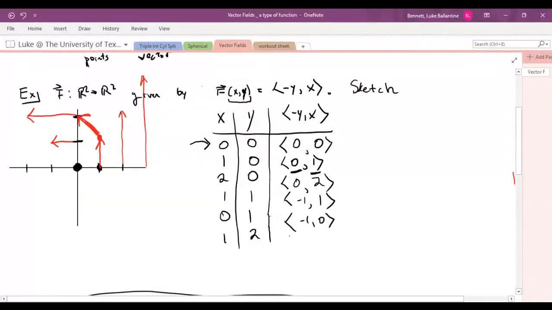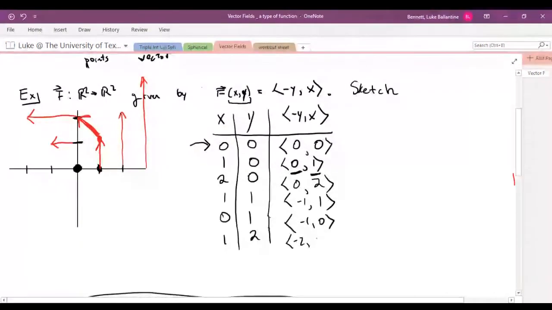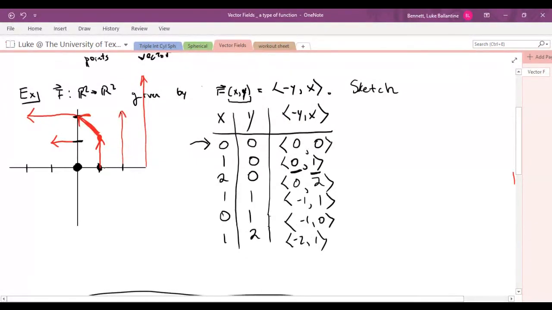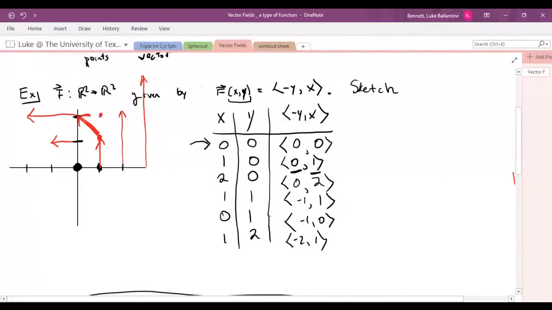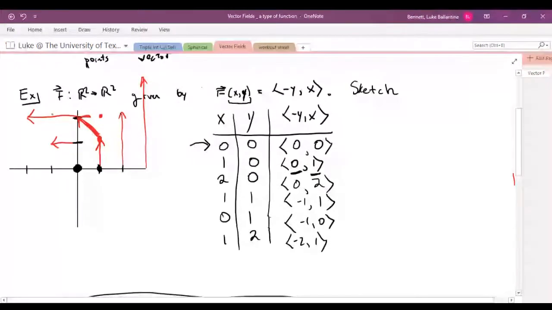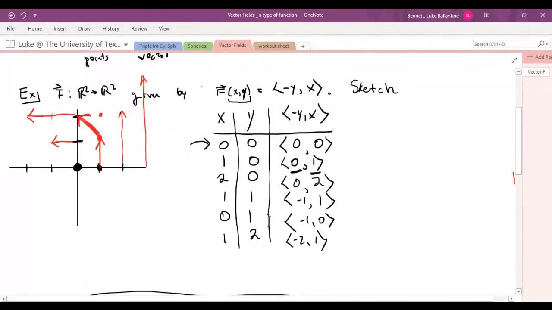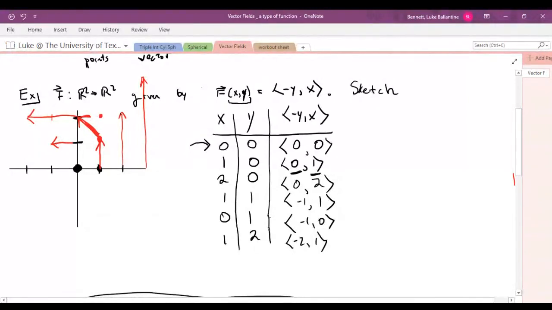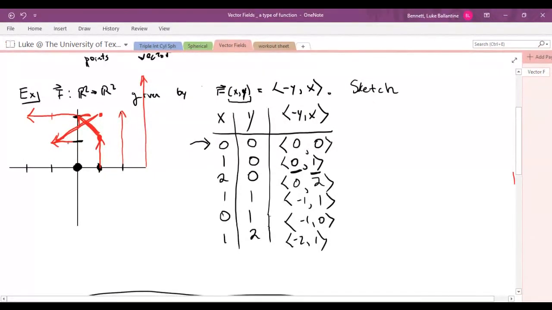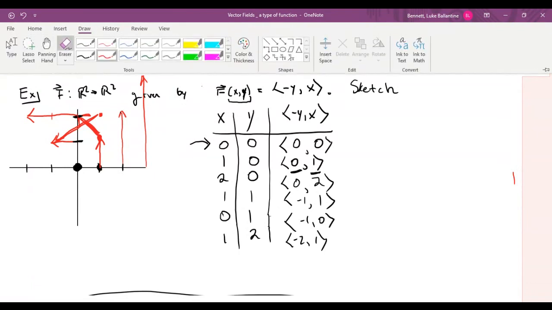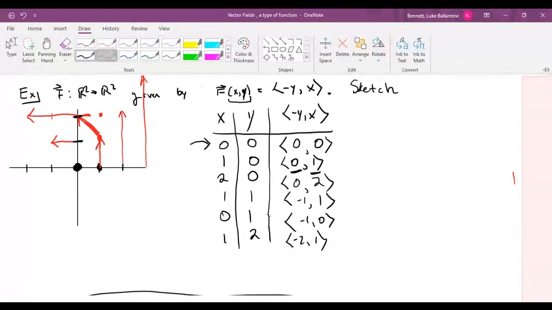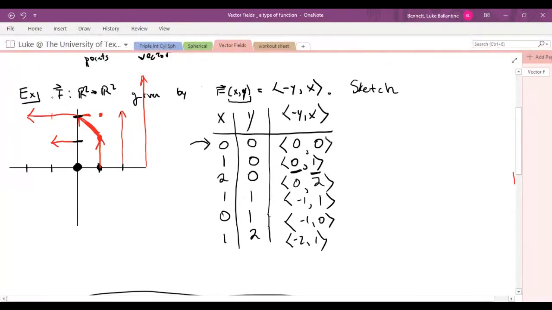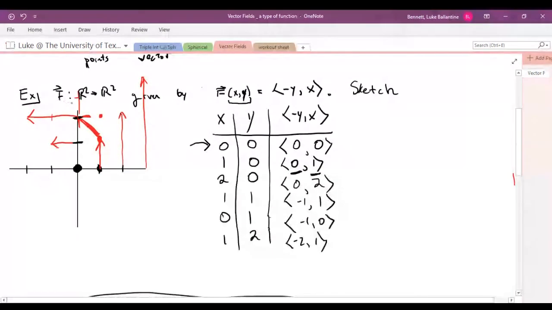Negative 2, 1. That point's right here, and then we go negative 2 in the x, and up 1. We go right here.